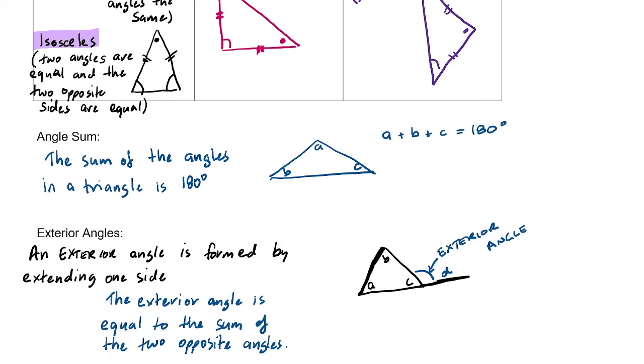So what I mean by that is that D is equal to A plus B in this instance. Now that's all the theory for angles and triangles that we are going to cover in this lesson. Please head over to the next video for the examples.